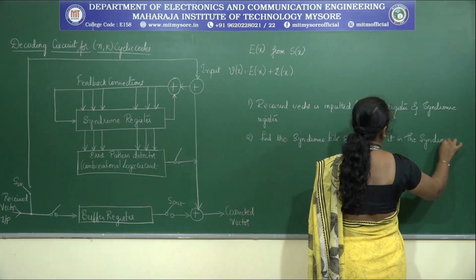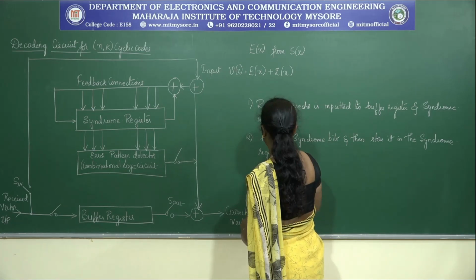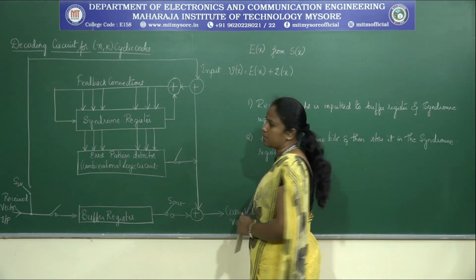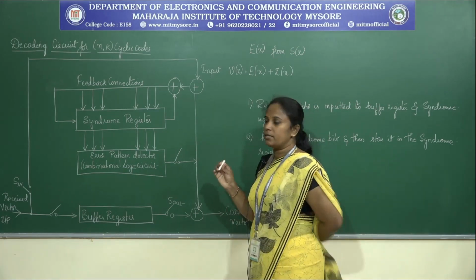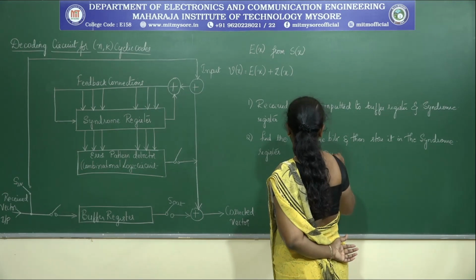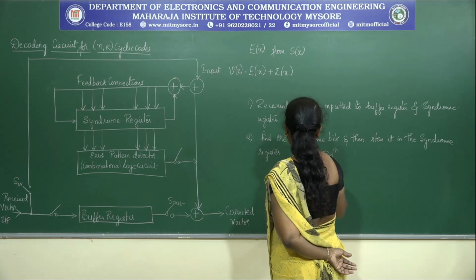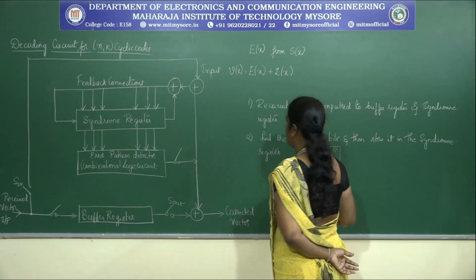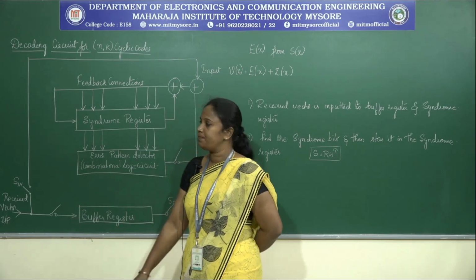Once you find the syndrome bits, you place them in the syndrome register. So how are we going to find the syndrome bits? You find the syndrome bits by using the formula S is equal to R into H transpose. From this you are going to detect whether your received vector has an error or not.